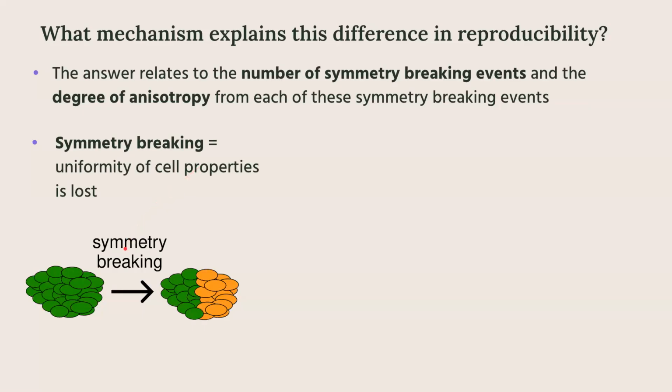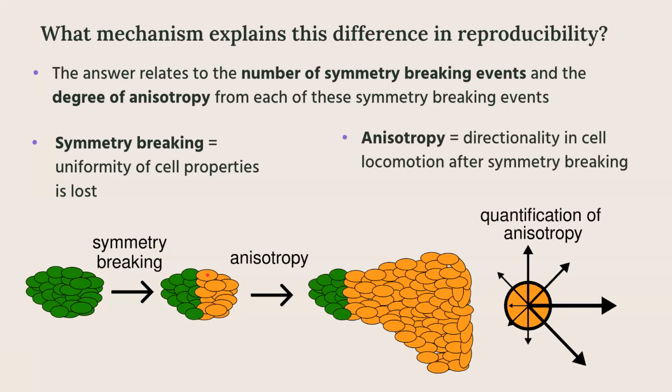So symmetry breaking refers to when uniformity of cell properties is lost. So let's say we have some ball of green cells, where the green just means their cell state, and half the cells change to an orange state. So that's a symmetry breaking event because it's caused the cells to lose some uniformity. Now, anisotropy refers to the directionality in the cell locomotion that occurs after symmetry breaking.